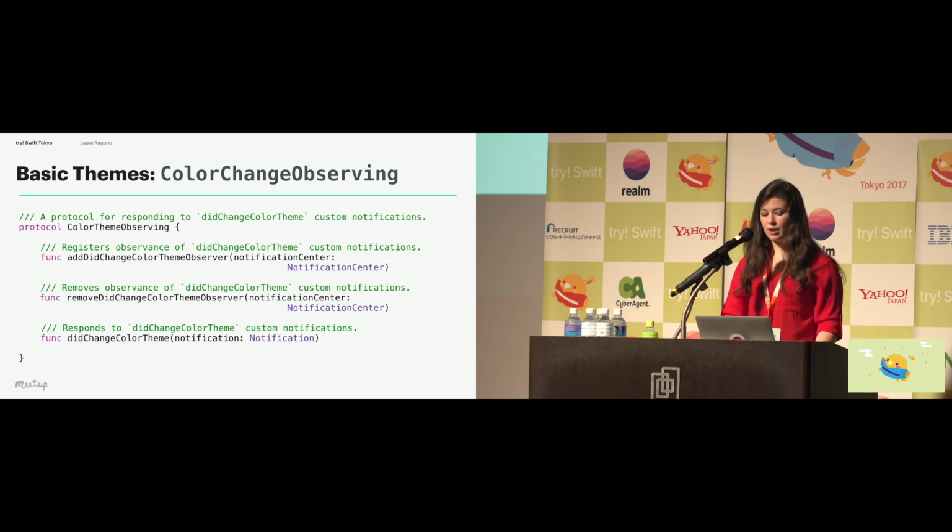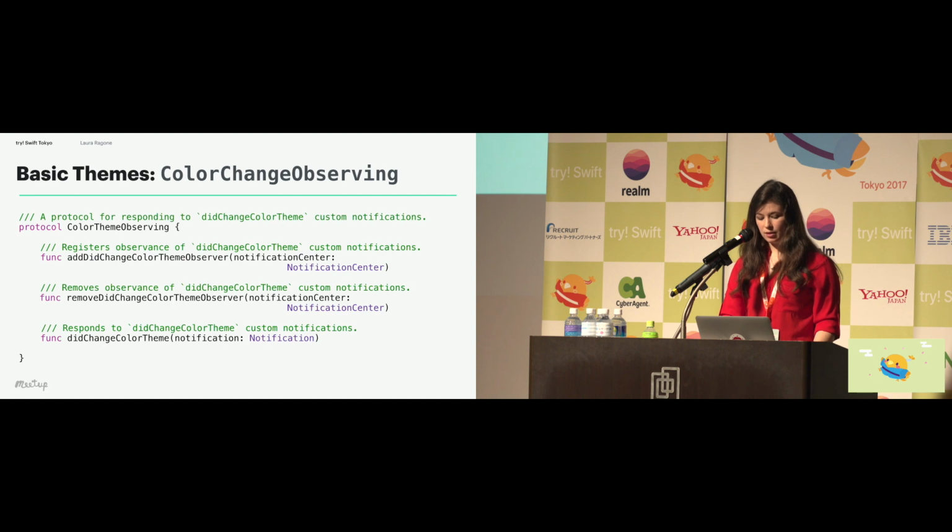Because we need to post a custom notification indicating that the color theme has changed, it would be beneficial to limit the number of clients privy to that implementation detail. We'll be able to add an extension on ColorChangeObserving to isolate this information. The selector of the observer will be the didChangeColor theme notification function included in this protocol.